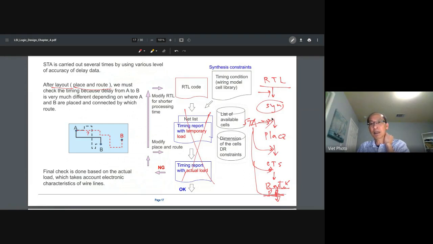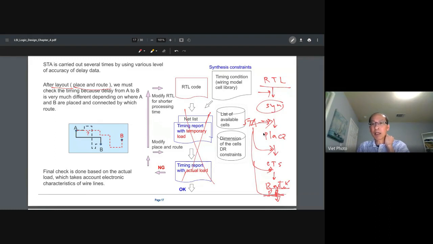After synthesis, you run STA where we don't know where the cells really sit, so we use a wire load model, or some statistical model, to calculate the wire delay.